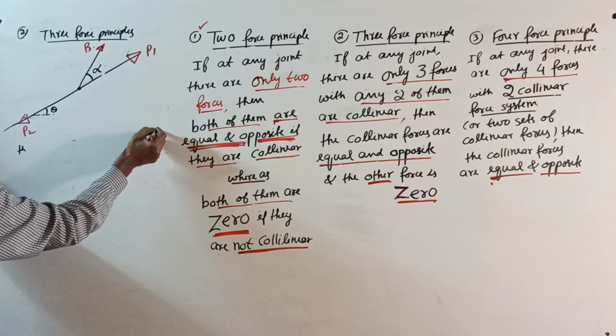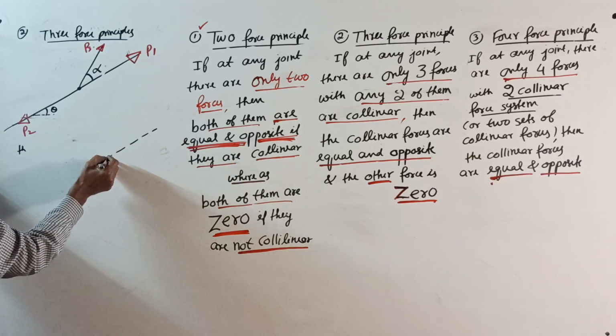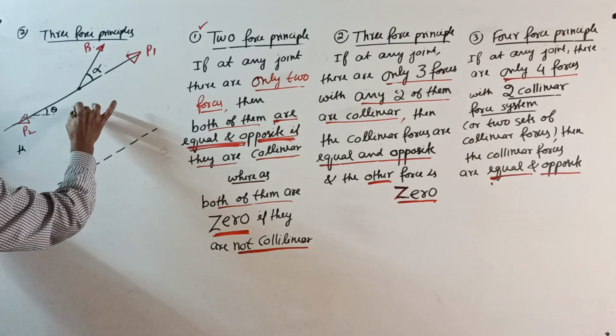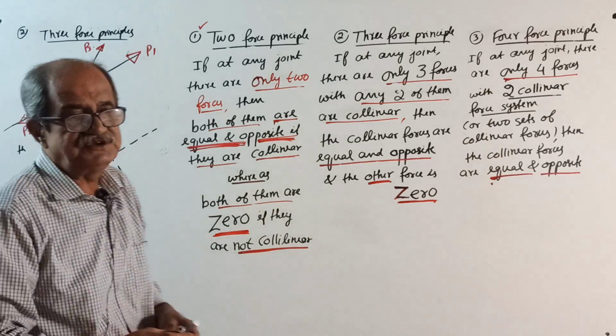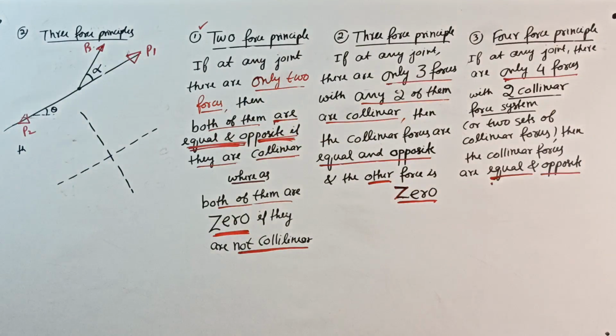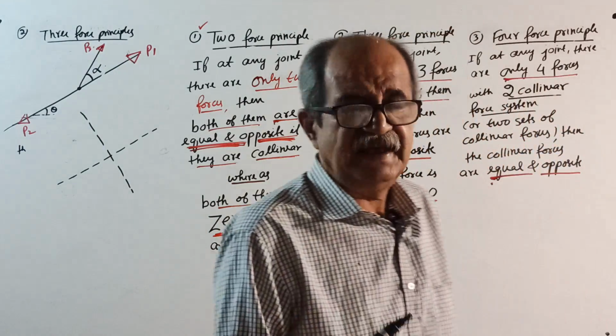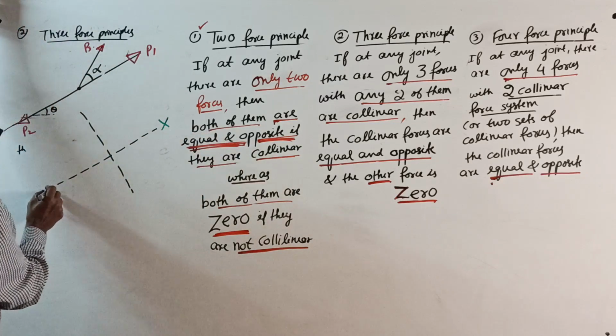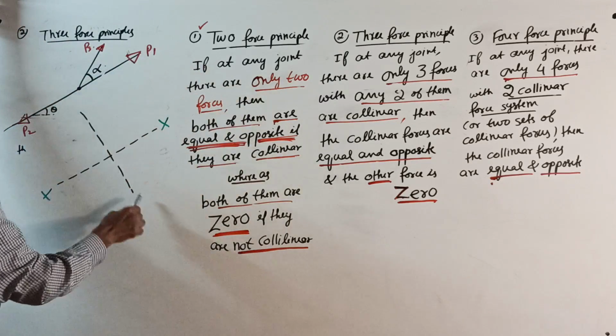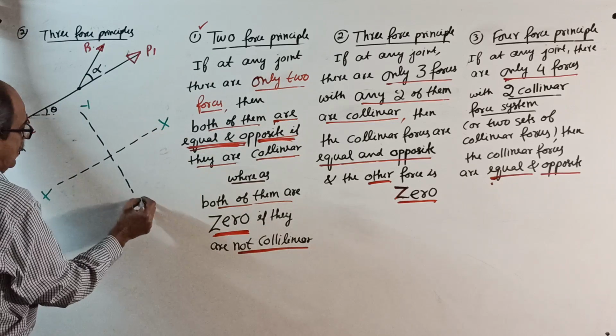Now you require one concept. You consider two mutually perpendicular axes here as reference. Only for this question you require that extra concept of inclined xx, yy axes. So now no sigma h here. Take xx along P1, P2, and perpendicular to xx take yy.